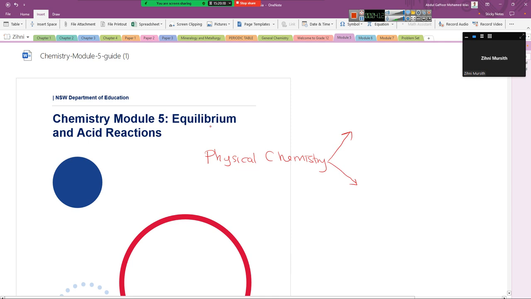This will contain two parts, part 1 and part 2. The curriculum might be different but the concepts will be the same. So I'm going to use our Sri Lankan resource books also in order to teach you these equilibrium and acid reactions. Part 1 contains two topics, two units we will call.